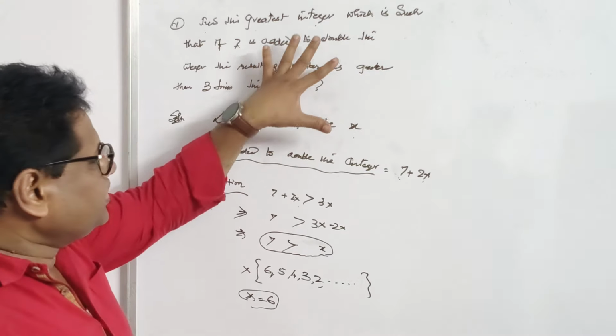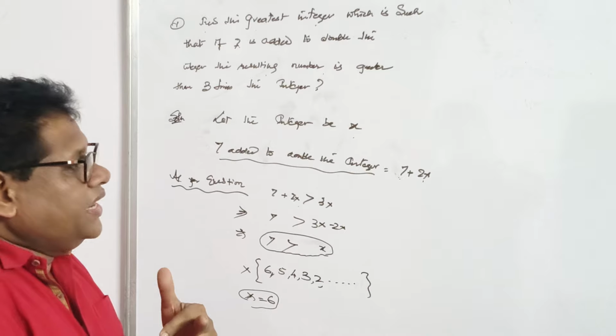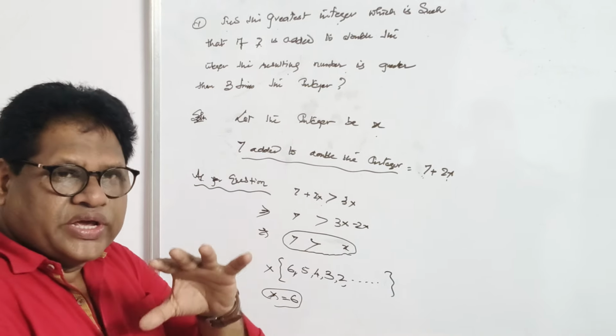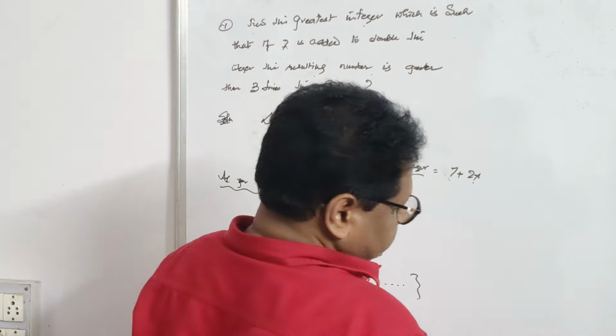Now there are some questions in which you have to plot two statements, and you have to solve two equations. Then you have to take a common statement, the intersection. Now let us take one question.